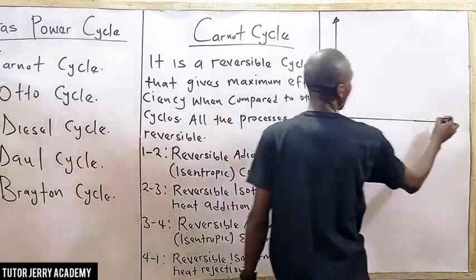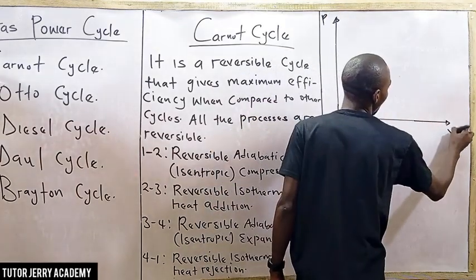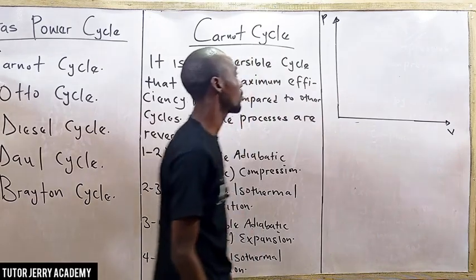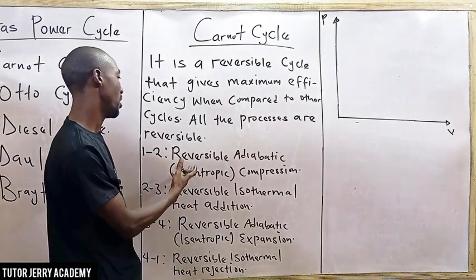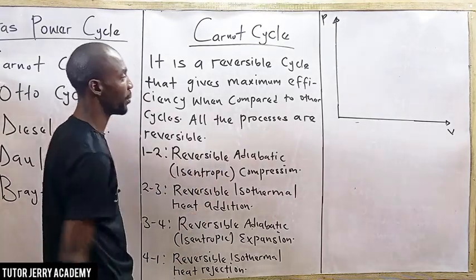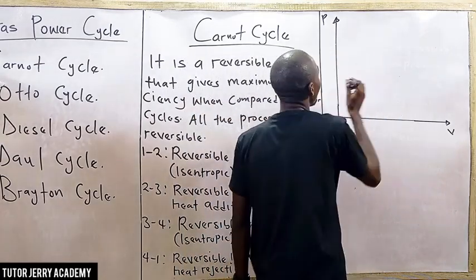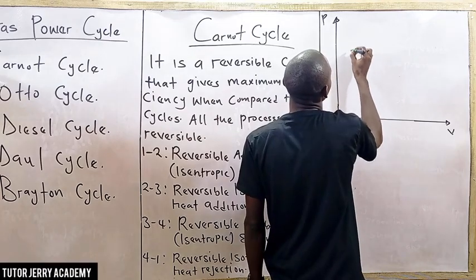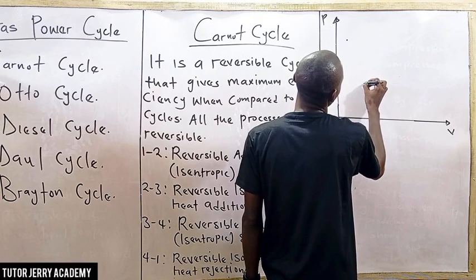P-V. So this is P, this is V. All right. Process 1 to 2 is nothing but what? Reversible adiabatic compression. So I'm going to have two states here, one point here and another point here.